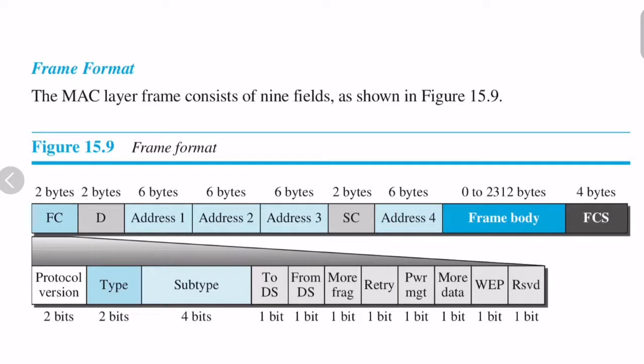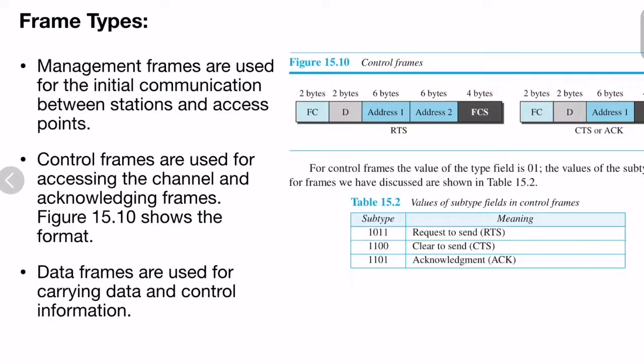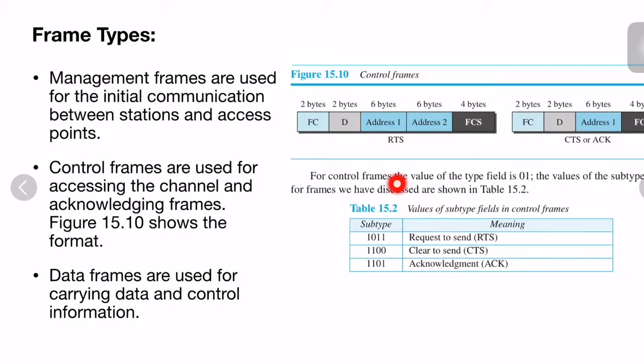Okay, so that is for error checking. Let us see the subfields now, subtypes. There are 3 subtypes for RTS, CTS and acknowledgement ACK. So 1011 subtype for RTS, 1100 for CTS and 1101 for acknowledgement field.